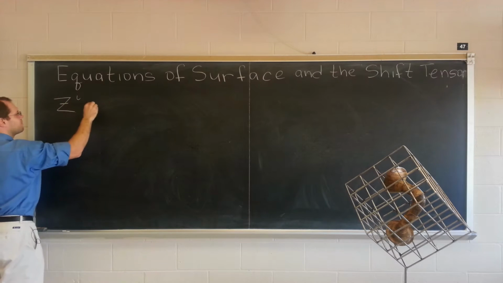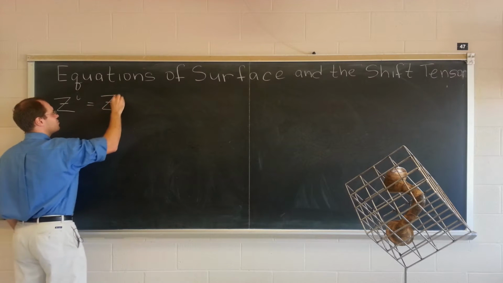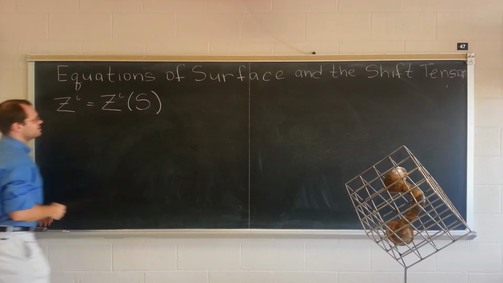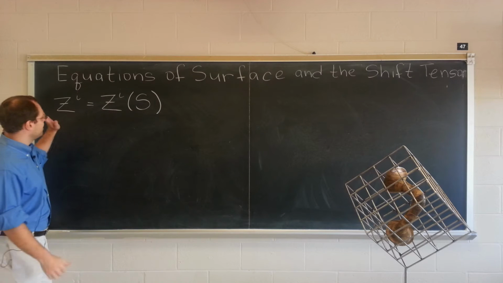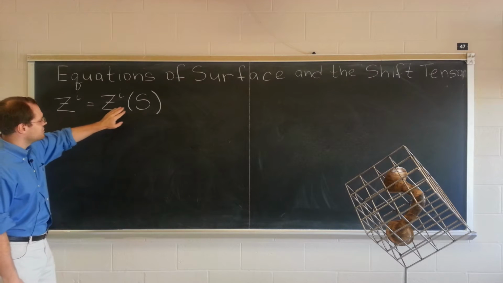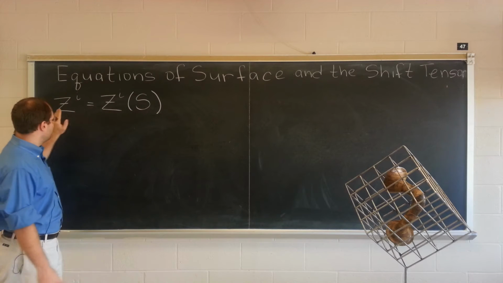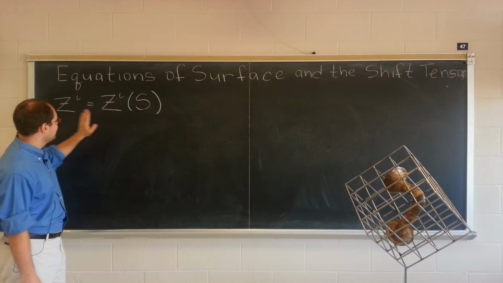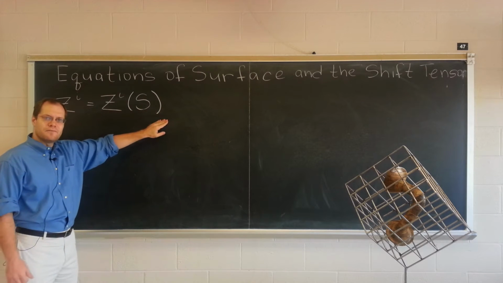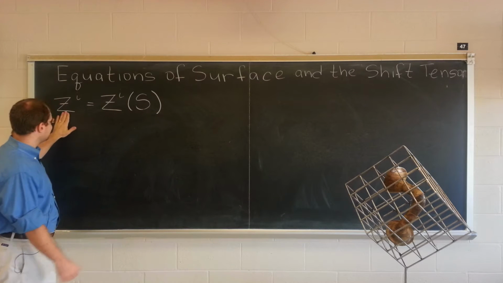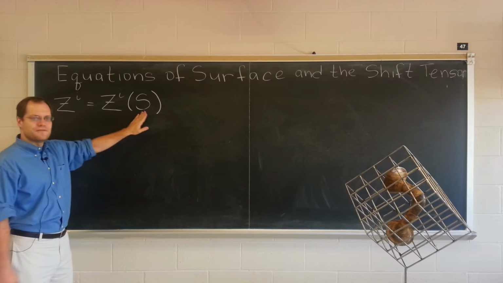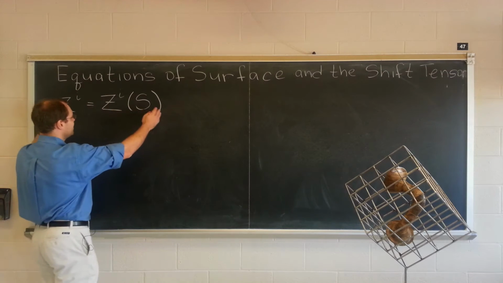Zi equals 3 functions of coordinates. So this is a very compact way of writing that x is some function of theta and phi, y is some function of theta and phi, and z is some function of theta and phi. Or in 1 dimension, x is a function of alpha, and y is a function of alpha.